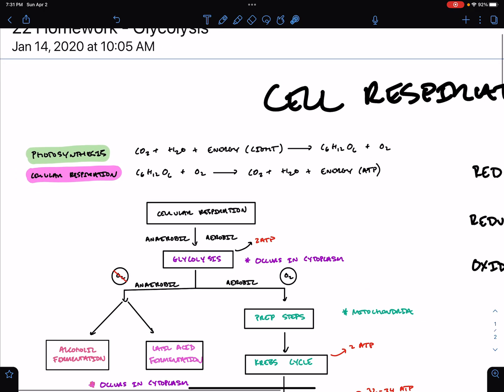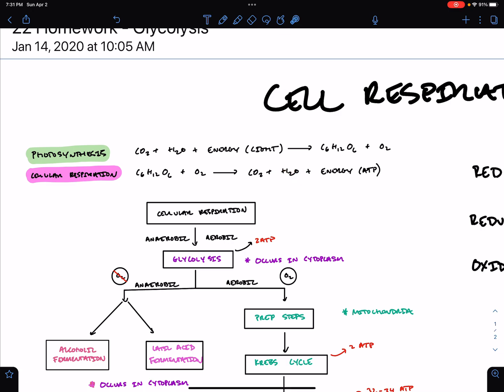Cellular respiration is all about extracting that energy from glucose and moving it to ATP. We're going to pull out high energy electrons from glucose, and ultimately we're going to use their energy to make ATP, and those high energy electrons are going to become low energy. We're going to spend their energy, and they're going to end back up on water.